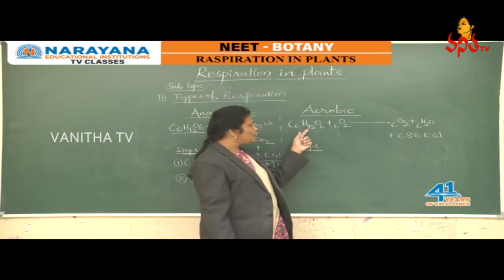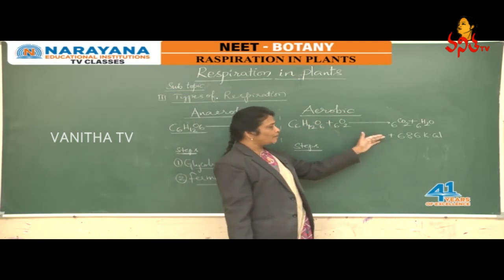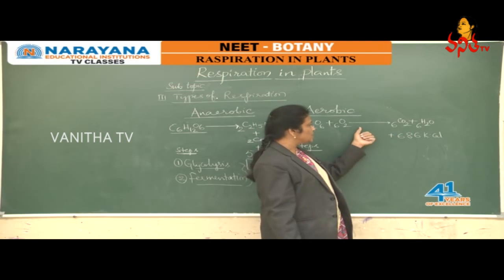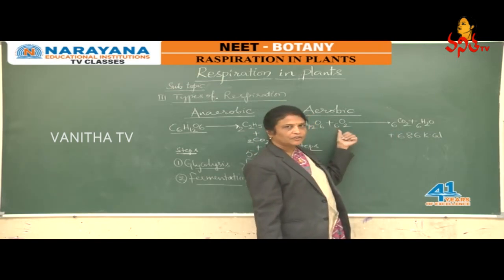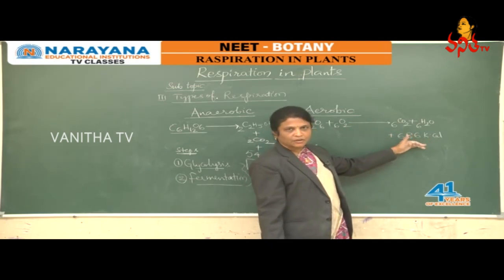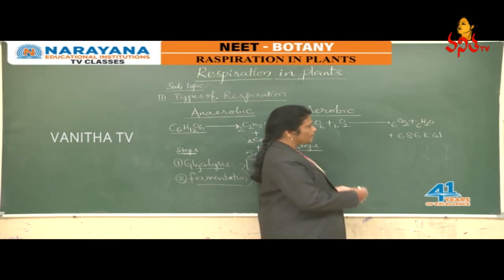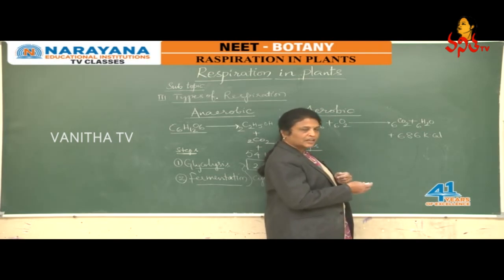Whatever energy is hidden in the glucose molecule is totally liberated, because it undergoes complete breakdown or complete oxidation in the presence of oxygen. So the total energy, that is 686 kilocalories, gets liberated, but of course some energy is packed in the form of ATP, and the remaining part of energy may be wasted as heat.